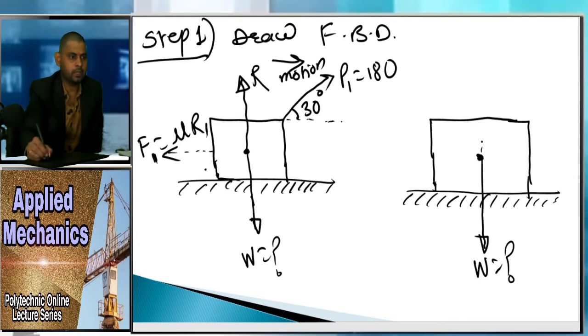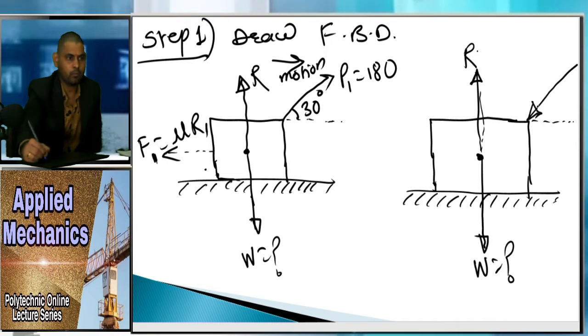The normal reaction R is always vertical. Here the force is given, but this force is the pushing force. So the force is towards the point, this is P2, that is 220 Newton.